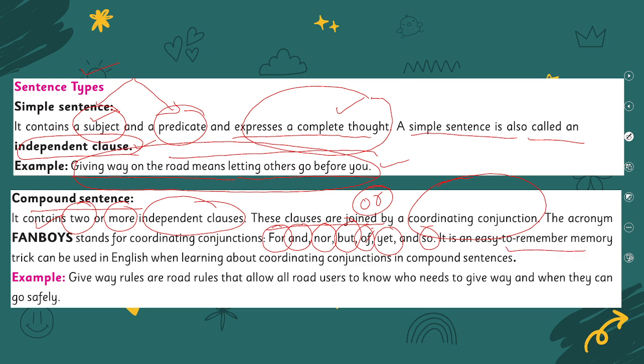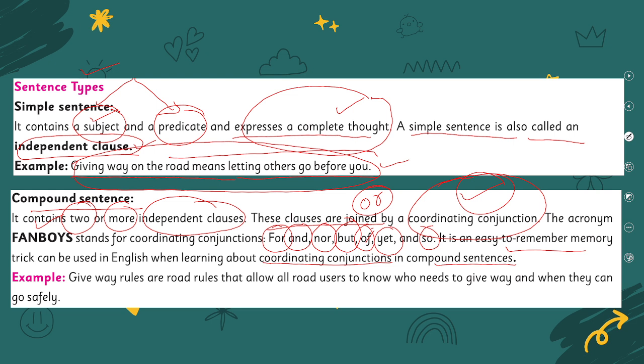It is an easy memory trick that can be used in English when learning about coordinating conjunctions in compound sentences. We use our coordinating conjunctions, FANBOYS, in our compound sentences.